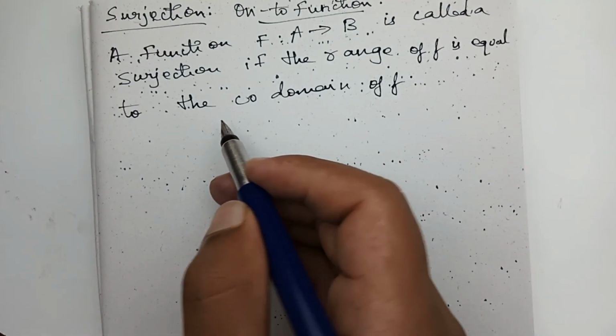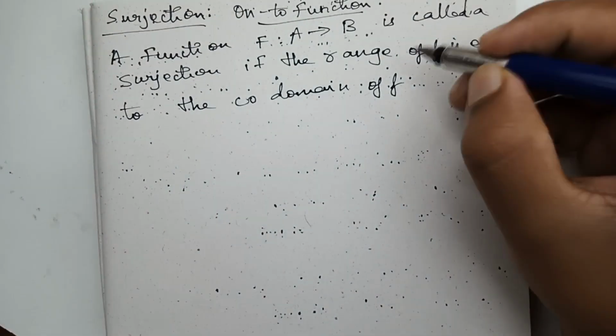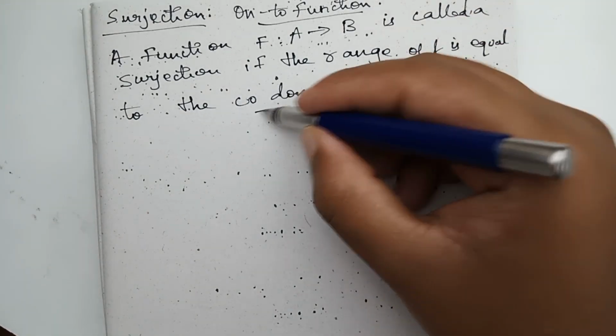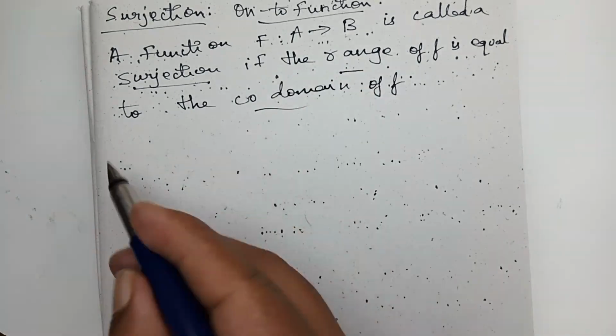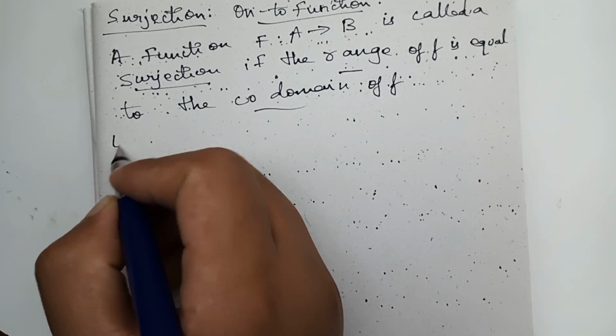That is, if the range is equal to the codomain, then we can say it is a surjection function or onto function. We'll take examples.